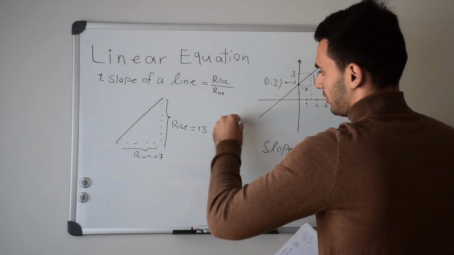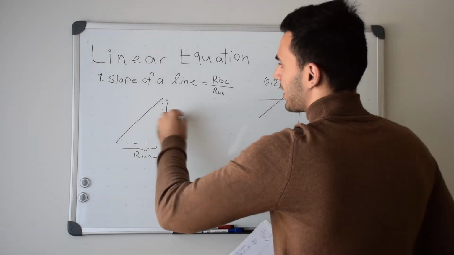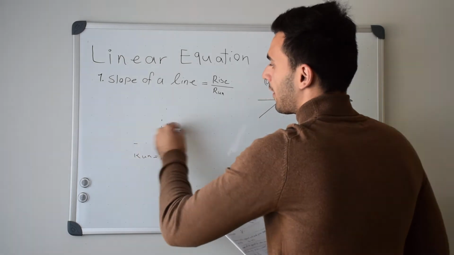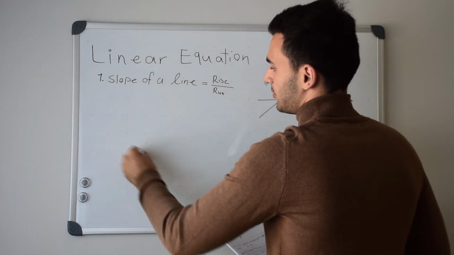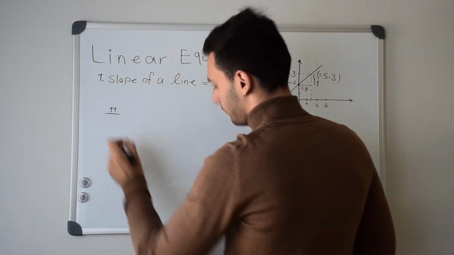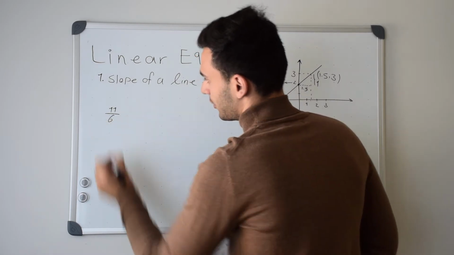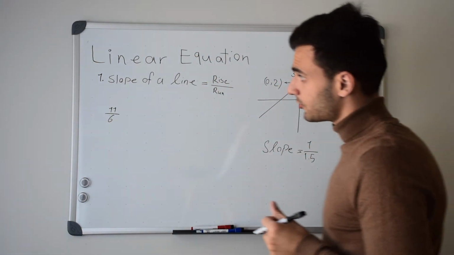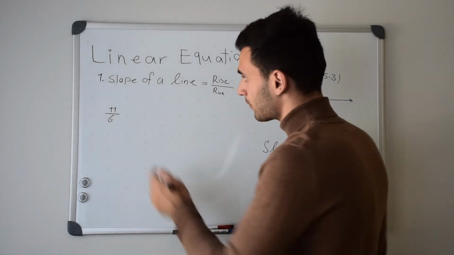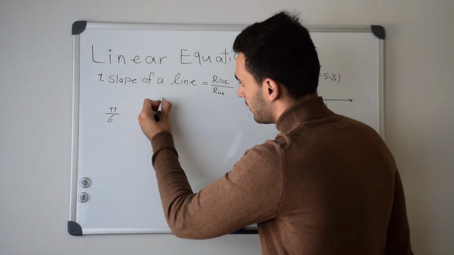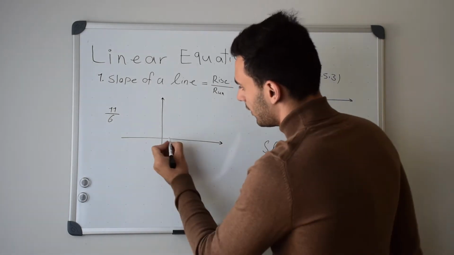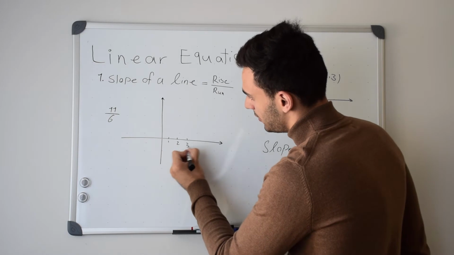Another kind of question that can be asked is that we have a slope, and the question is to draw a line based on the slope. So let's say we have a slope of 11 over 6, okay? And the question asks us to draw a line that represents this slope. So the first thing we should do is make a coordinate plane, right?